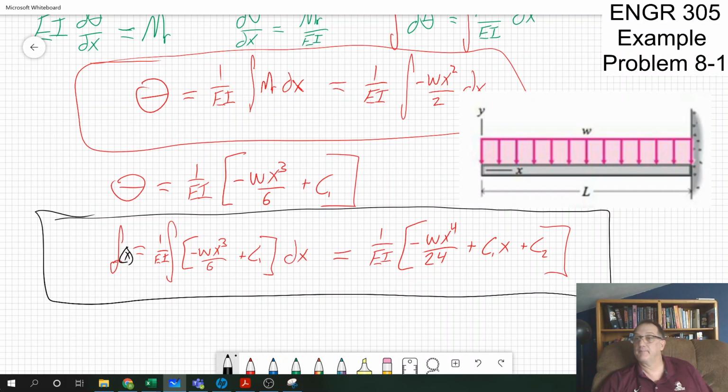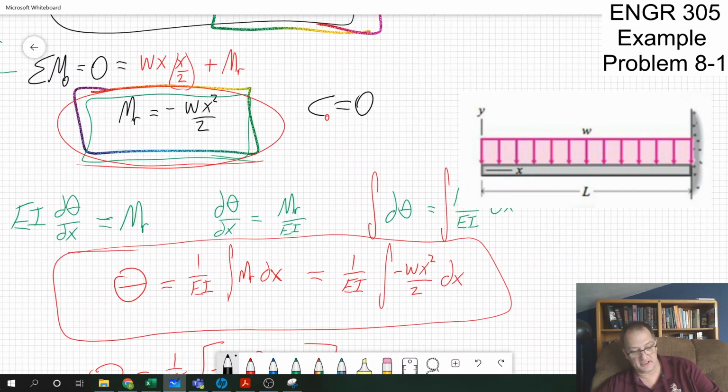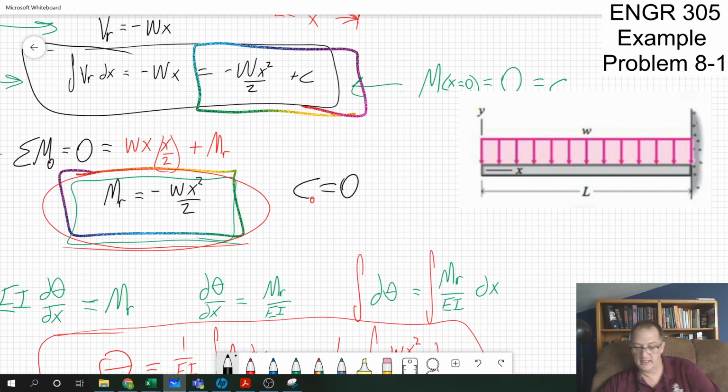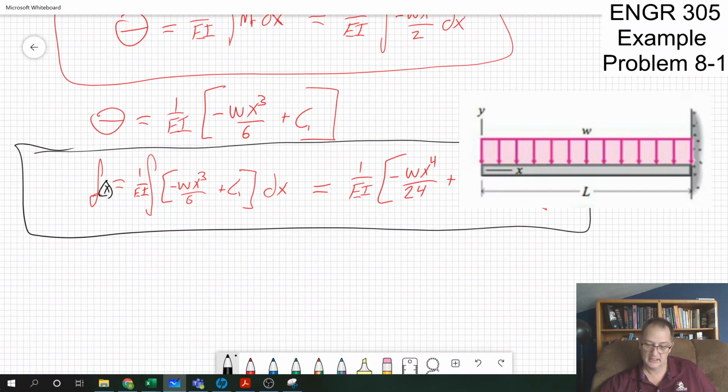What are the boundary conditions that help us analyze this? I already used one boundary condition, that the moment at 0 is equal to 0. So now I need two boundary conditions to help me evaluate C1 and C2.